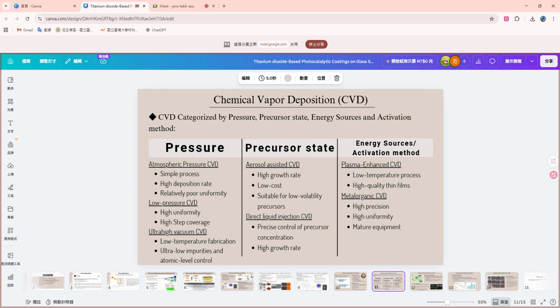Categorized by precursor state. Aerosol assisted chemical vapor deposition involves atomizing solid or liquid precursor into an aerosol, which is then transported into a reaction chamber by a carrier gas to be deposited onto a substrate. Its features, such as high growth rate and low cost, make it particularly suitable for utilizing precursors with low volatility.